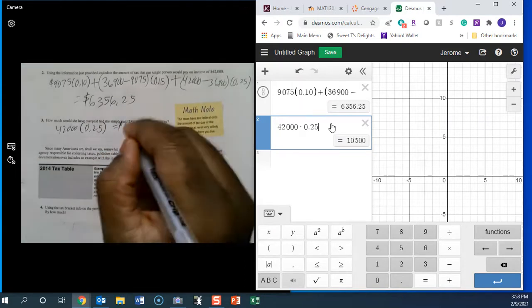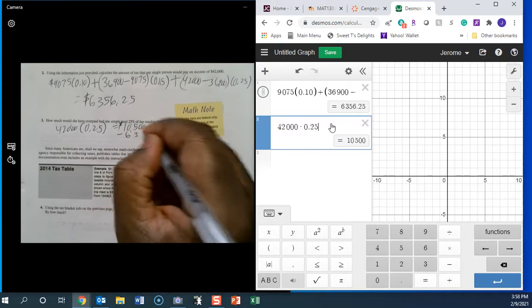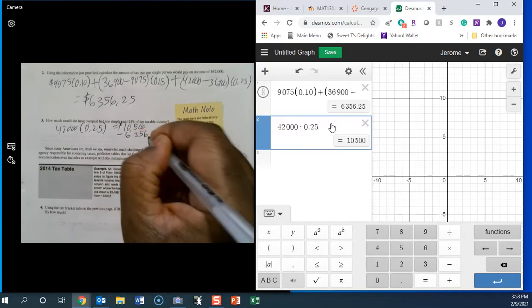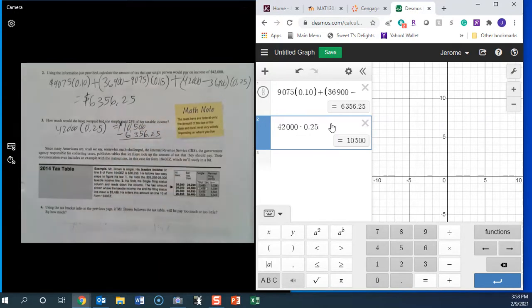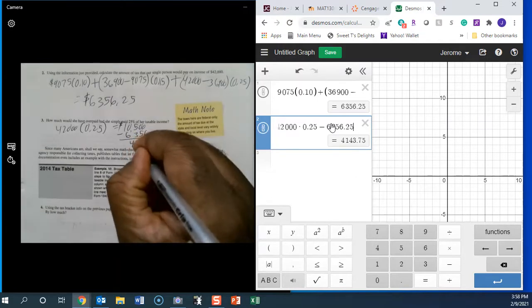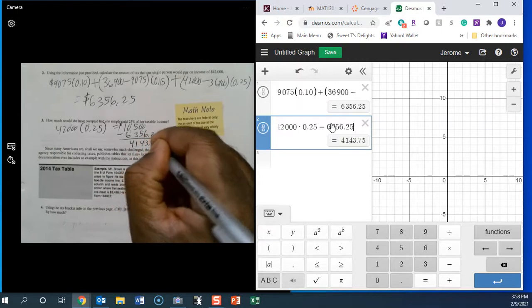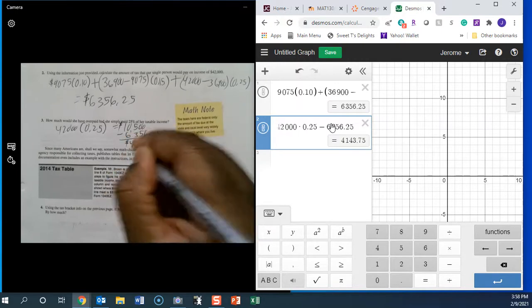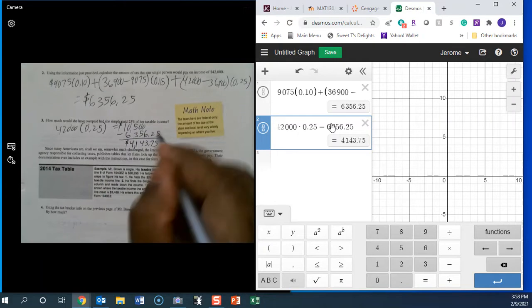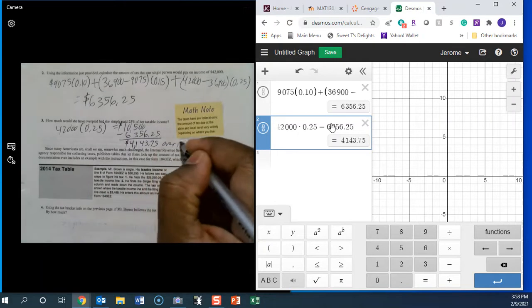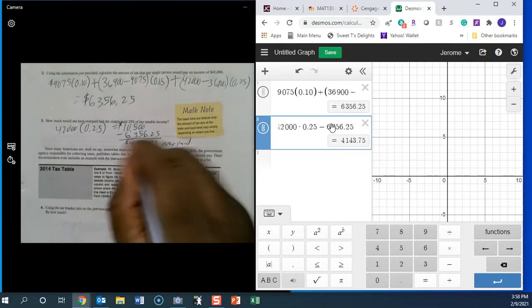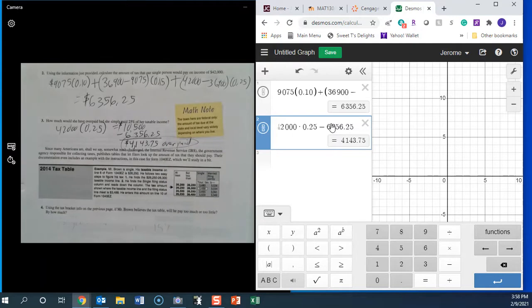So to find out how much more she paid, we'll subtract the $6,356.25. So this would be $4,143.75. That's how much would have been overpaid. Almost double what she should have paid.